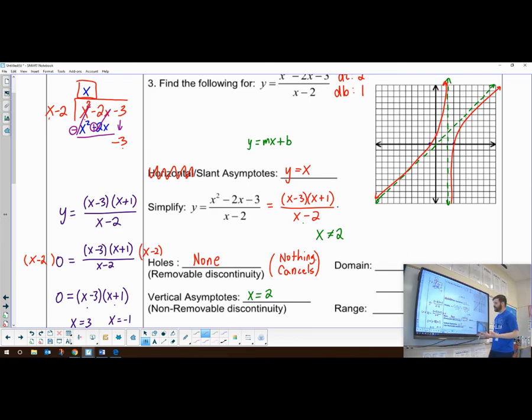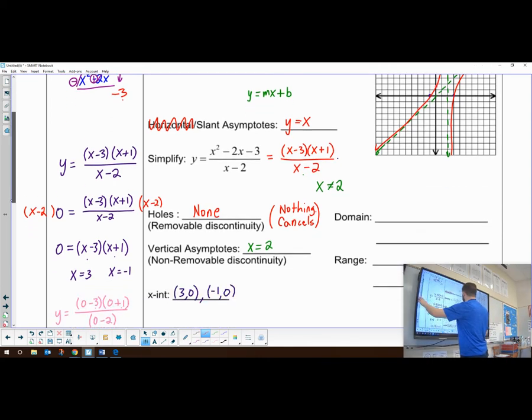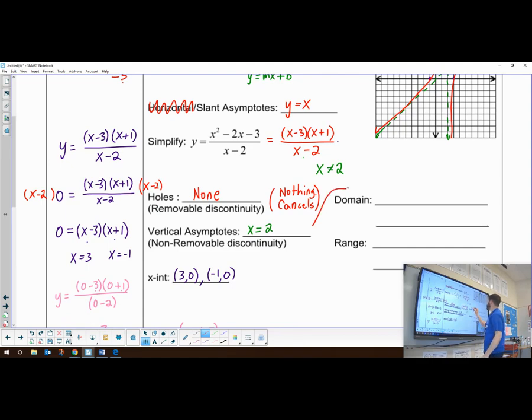My domain is still just going to be whatever my holes and vertical asymptotes are. So my domain is still going to be all real numbers, except x can't equal negative 2. It's going to be negative infinity to negative 2 union negative 2 to positive infinity.